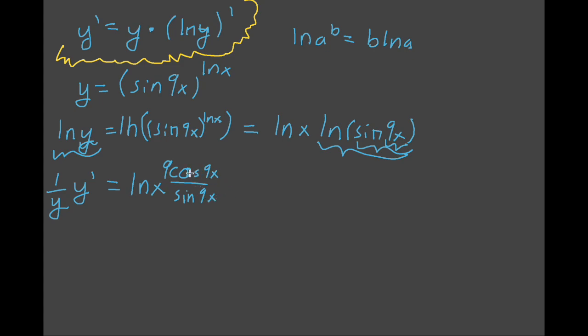Now I just multiplied all those directly to the top of the fraction to make it a little bit easier space-wise. But you're just multiplying by the derivative of the inside, so just following the chain rule laws.